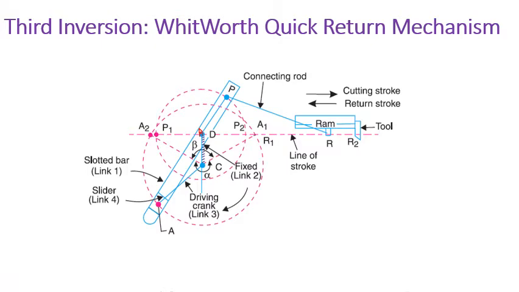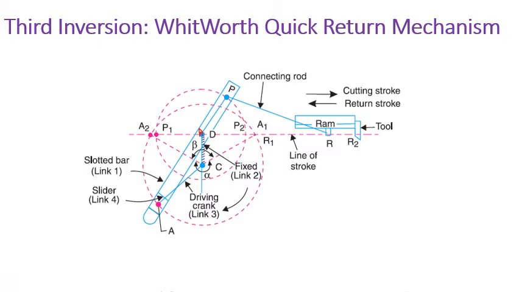When the driving crank moves from A1 to A2 through the angle beta, we call it a return stroke.